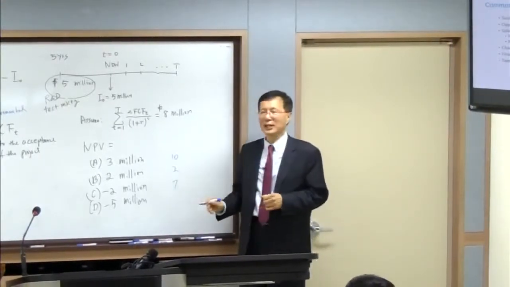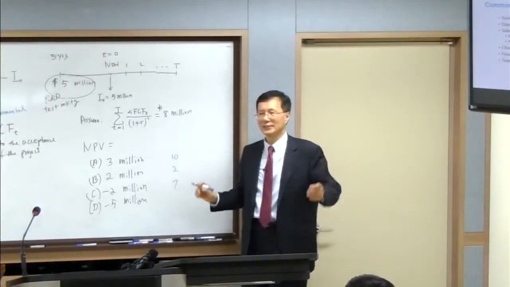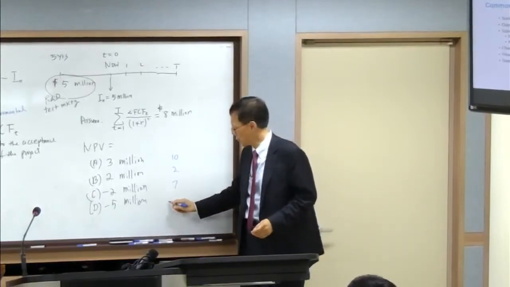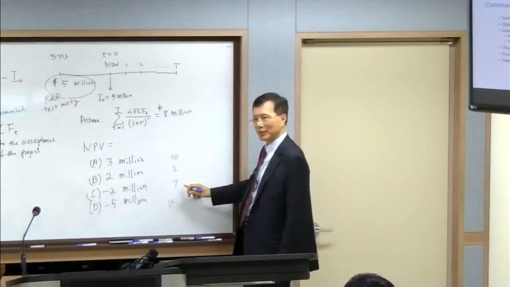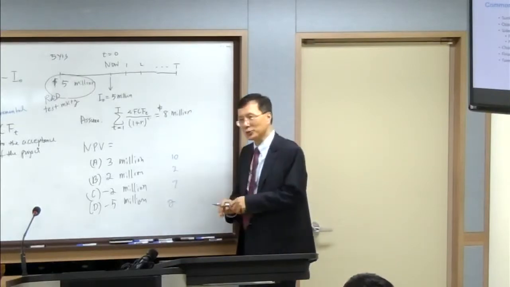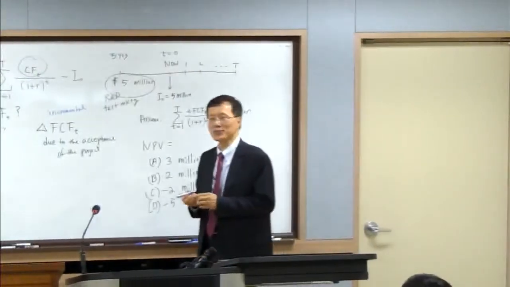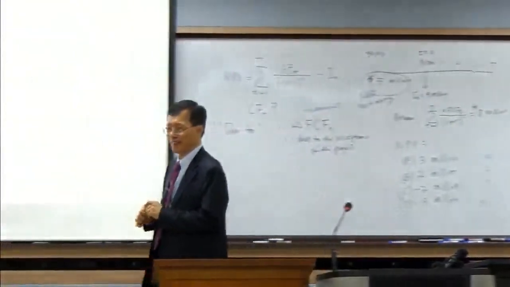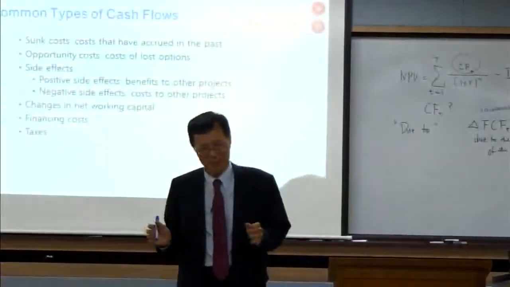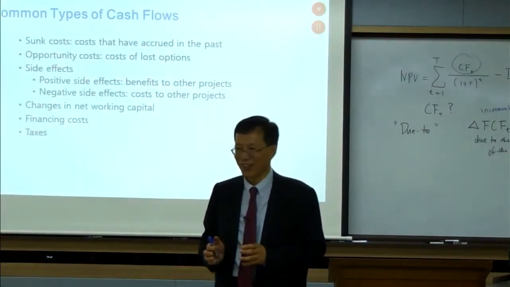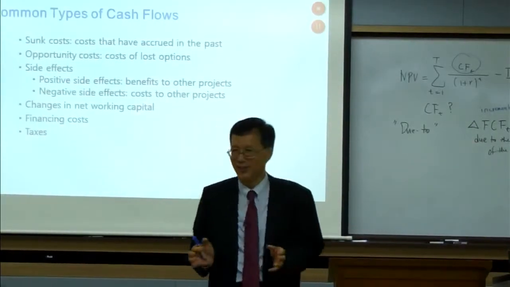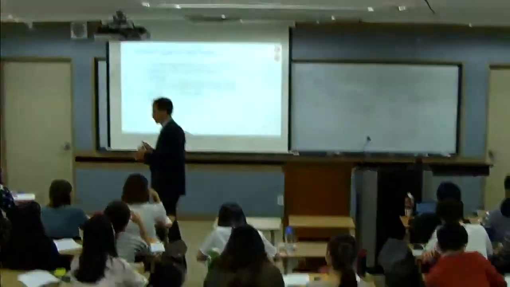How many of you think minus 5 million? 2. Okay, 2 plus 2 is 4, plus 7 is 11, plus 10, it's 21. How many students are here? Well, there are some people who are absent. About 50 students are in here. Where are the rest? 30 people.